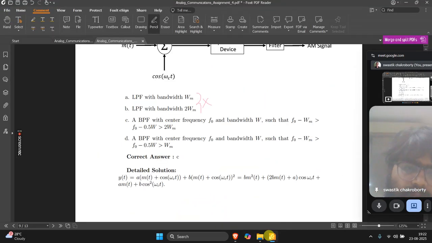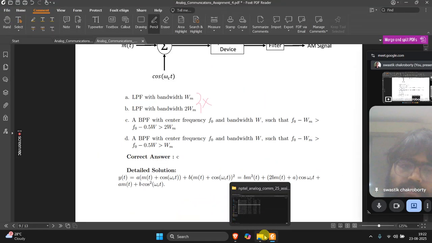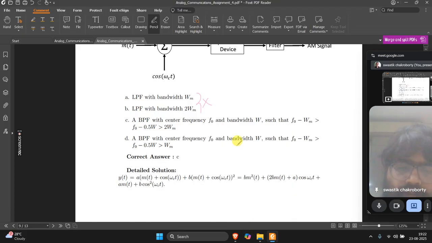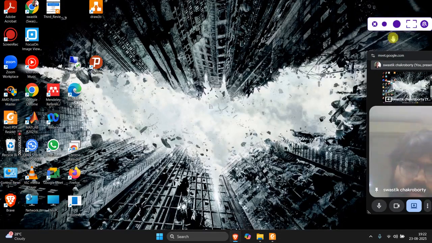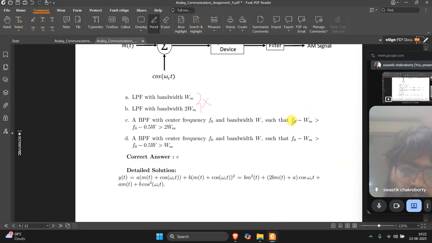So one cutoff will be at 2W, and the other cutoff is at f naught minus Wm is greater than 2W.